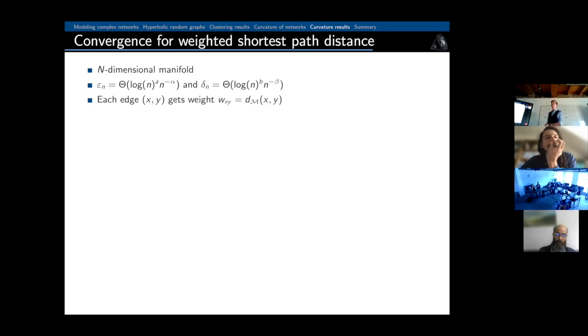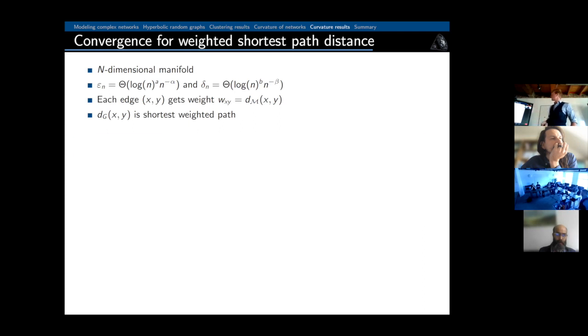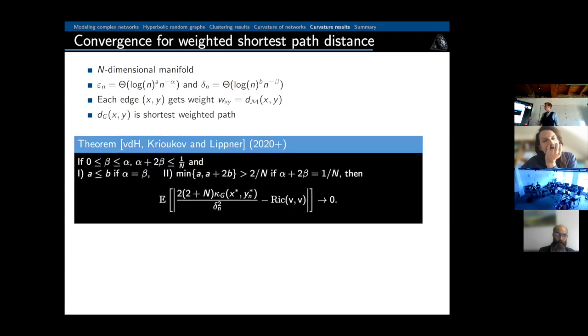For every edge, we put as a weight the manifold distance between the two nodes. So we're already encoding geometric information in our edges. But again, we need to start somewhere. This is the first thing. It's already not completely trivial to prove it in this way. Then we compute the shortest path distance, as I said, and indeed we can prove this.